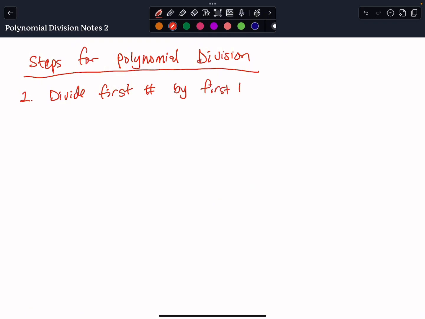We'll talk about what that means in a minute. Step two, you're going to write the answer of that in the correct column. So this says write answer in correct column.